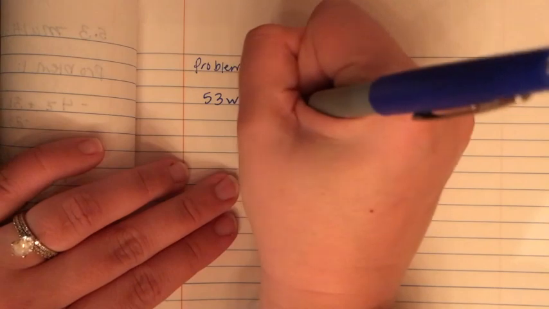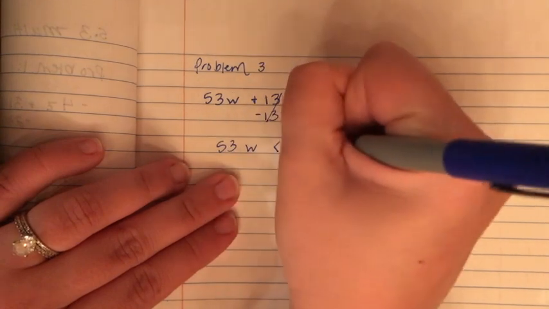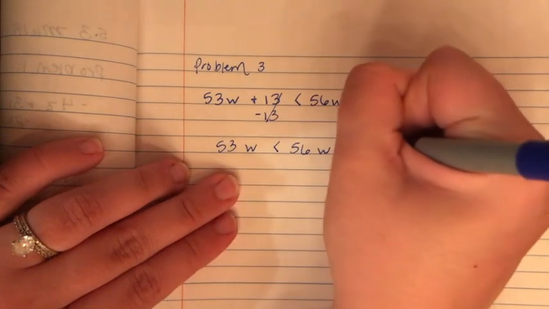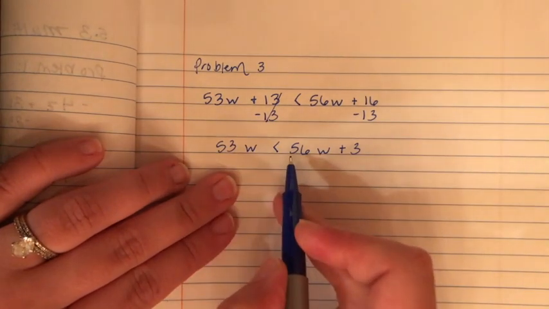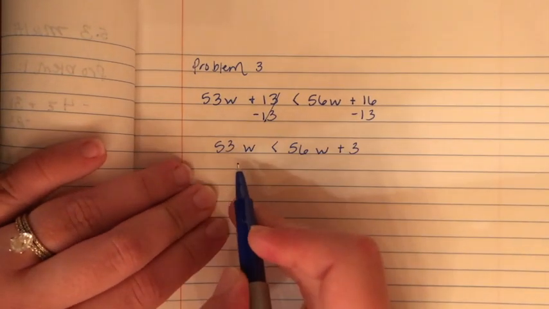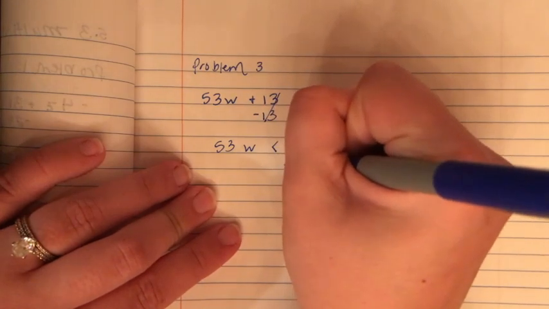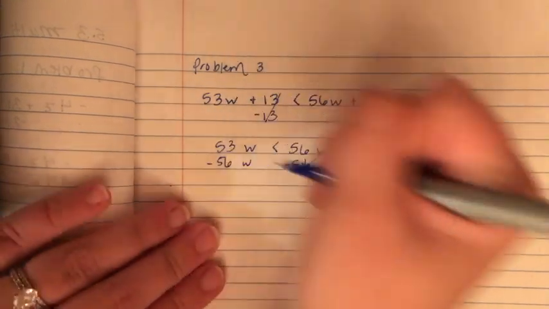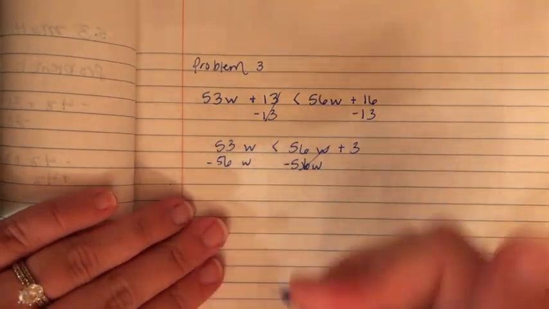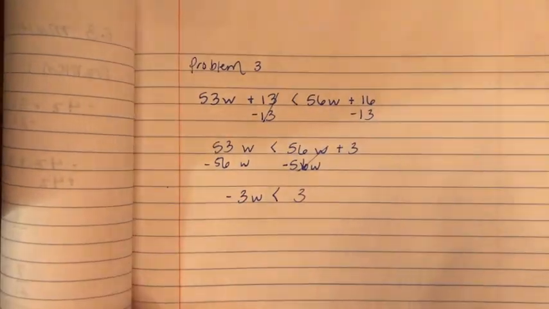I'm going to subtract 13 from both sides, and I get 53w less than 56w plus 3. So now I'm going to subtract 56w from both sides to get this by itself, and that subtracts to negative 3w is less than 3.